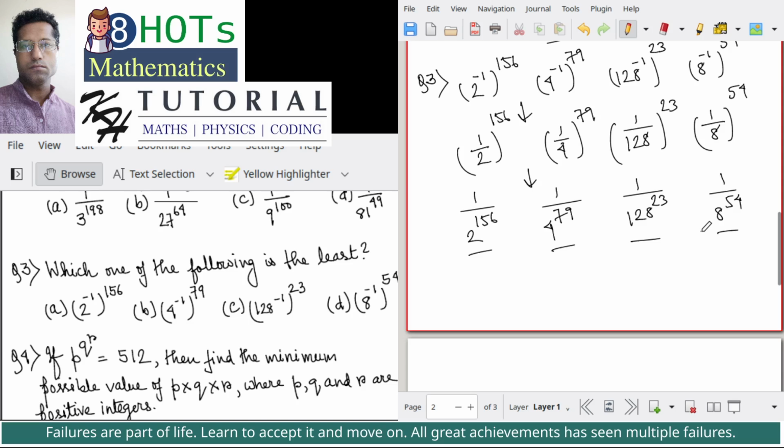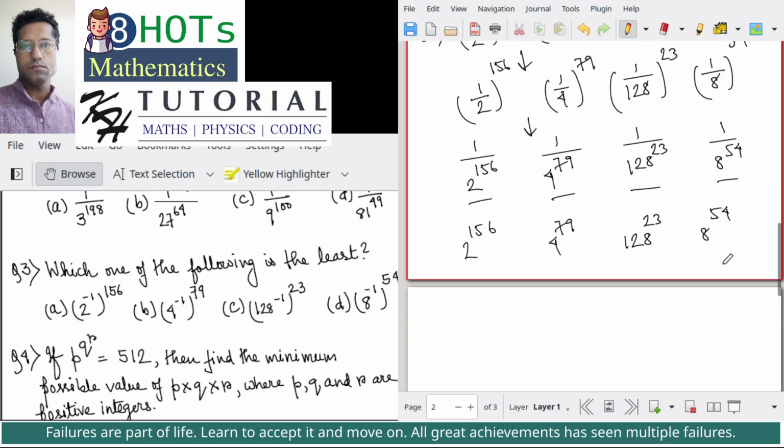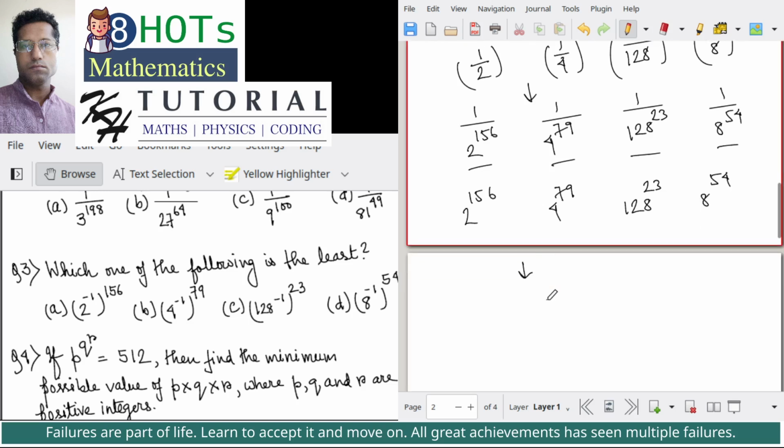So let's concentrate on the denominators: 2 to the power 156, 4 to the power 79, 128 to the power 23, and 8 to the power 54. My task now is to see which of these numbers is the greatest. As you can see, all the bases can be expressed as a power of 2, so let's express all these numbers as a power of 2.